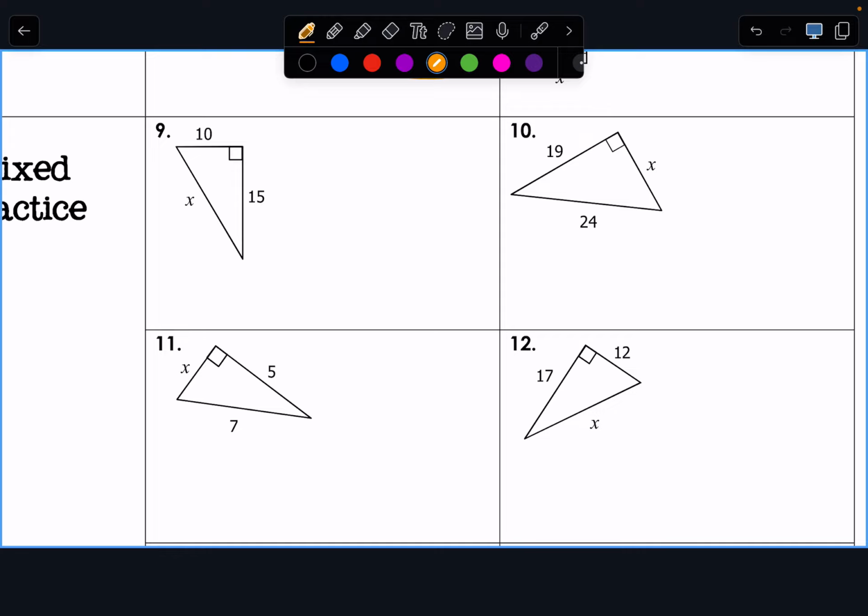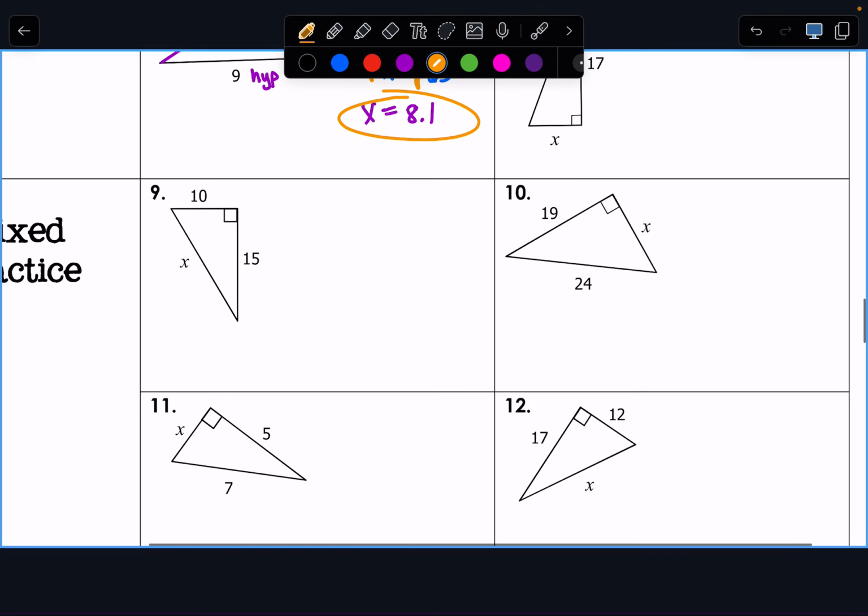I'm thinking we'll do 9 and 10, but I think I only need to give you 2 minutes instead of 3. Check in with your elbow partner as you go.